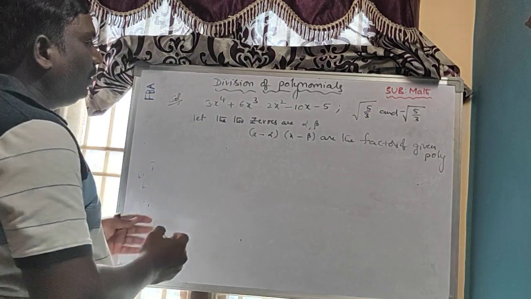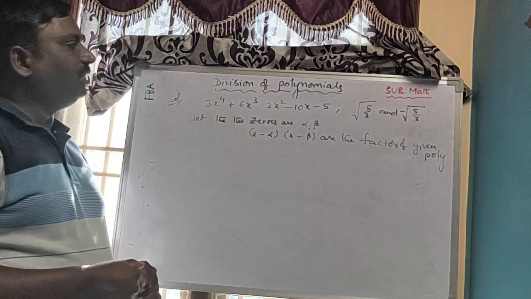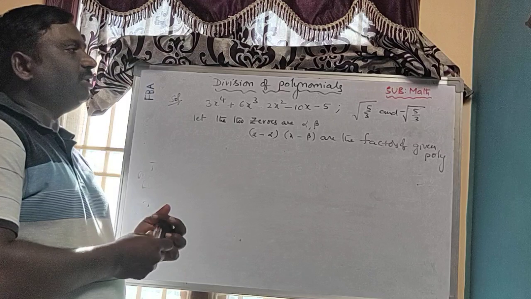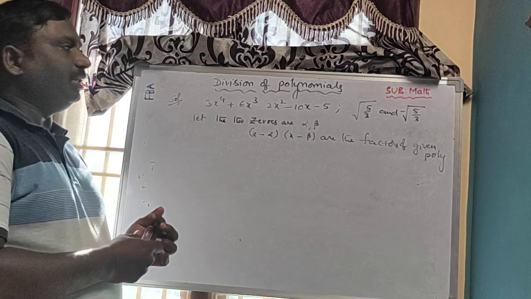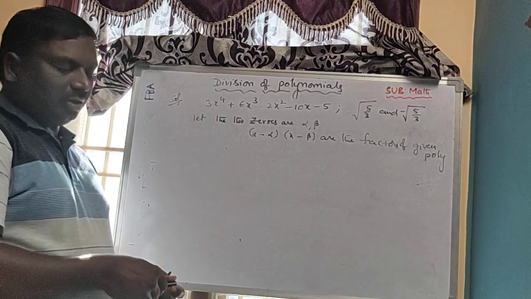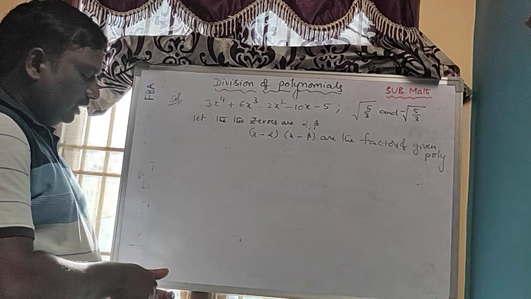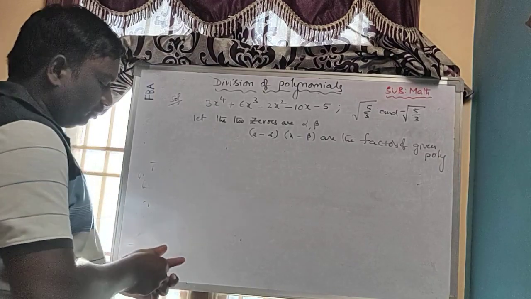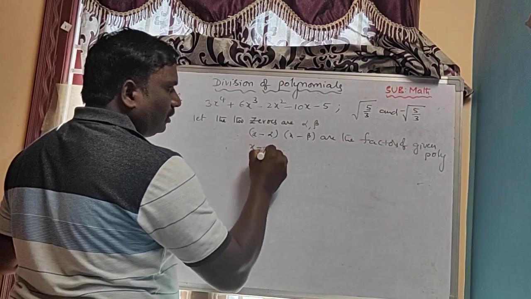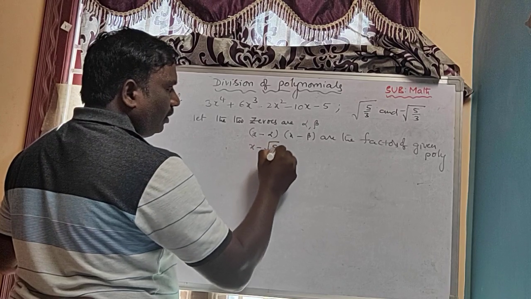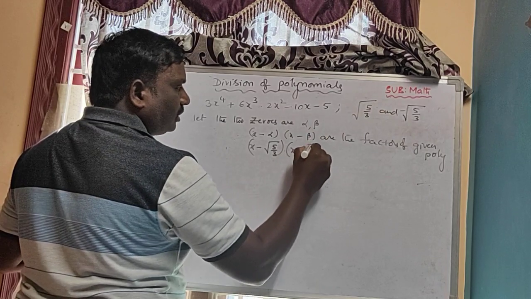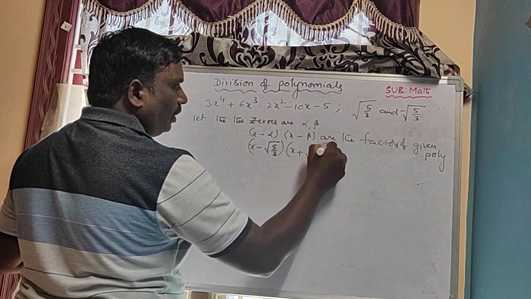Alpha is square root of 5 by 3 and beta is minus square root of 5 by 3. So x minus square root of 5 by 3 and x plus square root of 5 by 3.